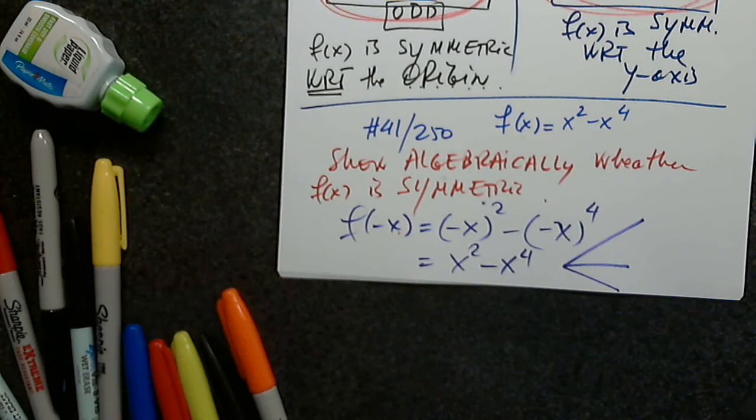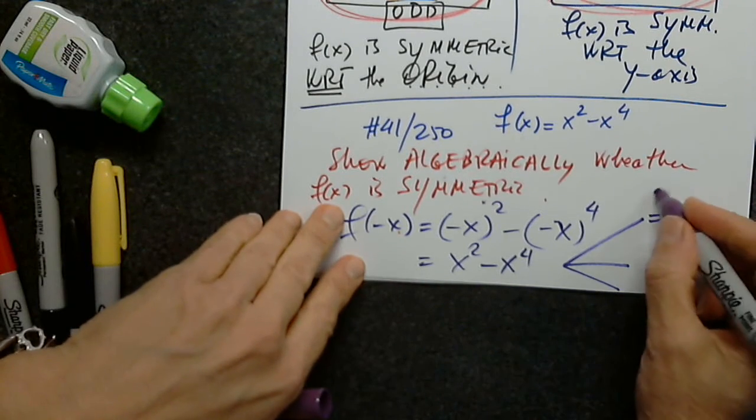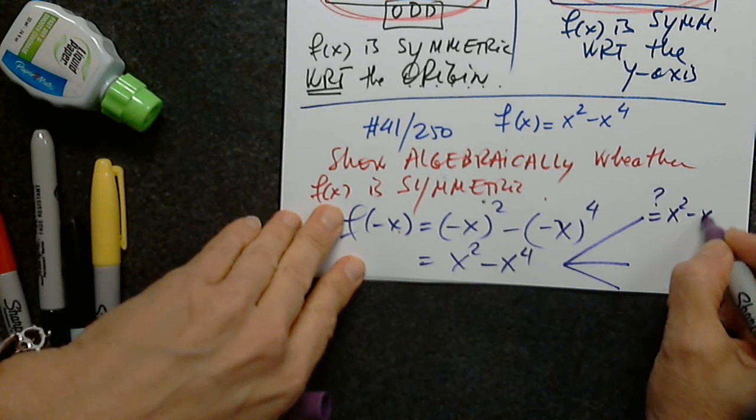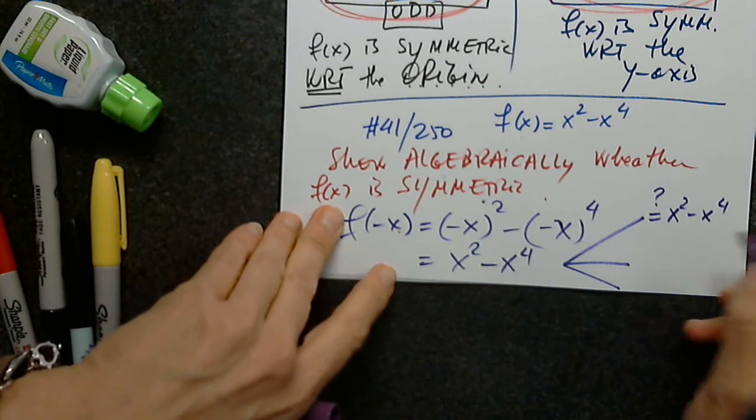By the order of operations, I have to raise first to a power and then multiply. So negative x to the fourth is x to the fourth, with minus in front is negative x to the fourth. Is that okay? Perfect. So now I have to answer 3 questions. And there is only 1 yes answer and 2 no answers. Does this equal the original function? If you say yes, then it's even.